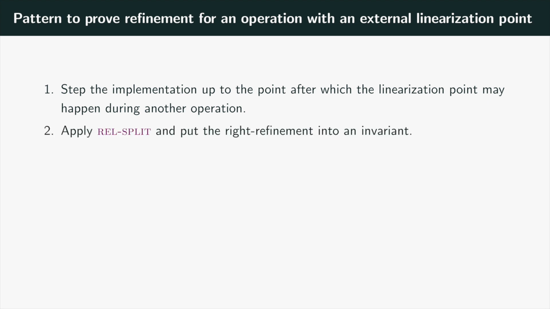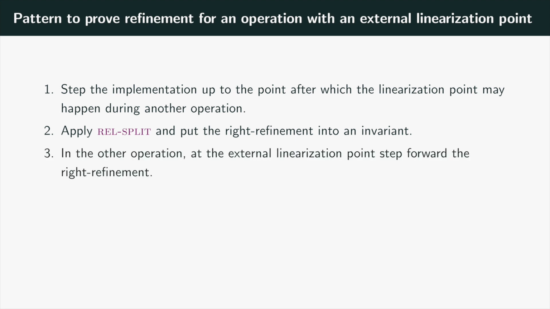Then apply wp-split to split the refinement judgment and get a right refinement as a resource that we can then put inside an invariant in order to transfer it to the other operation where the external linearization point happens. Then in the proof of the other operation, step forward the specification at the external linearization point and put the evaluated specification back into the invariant.